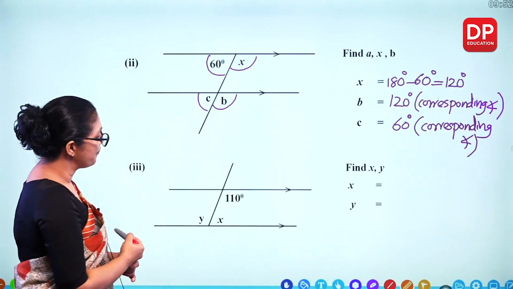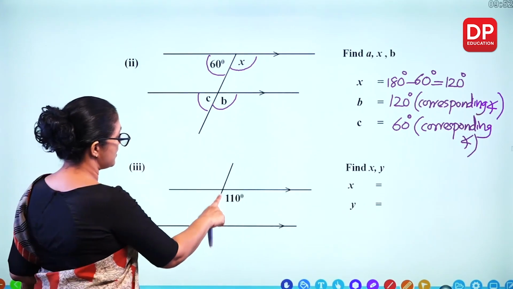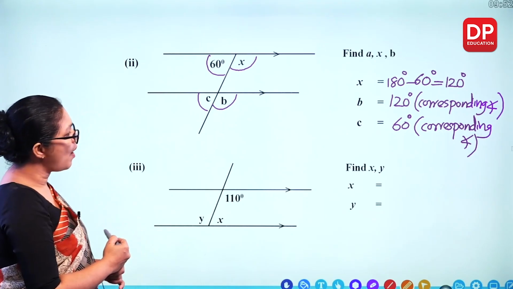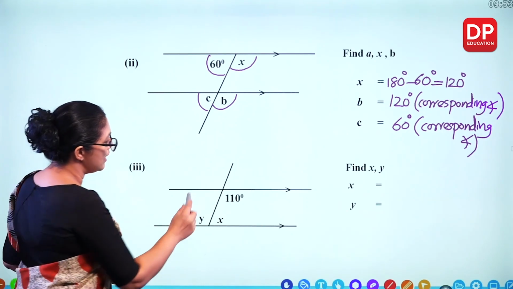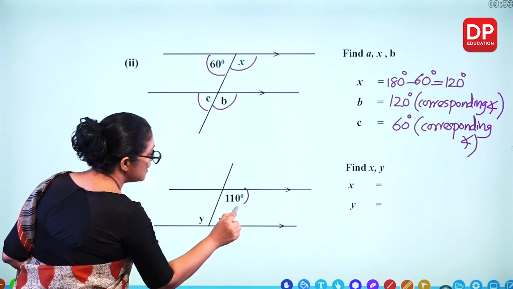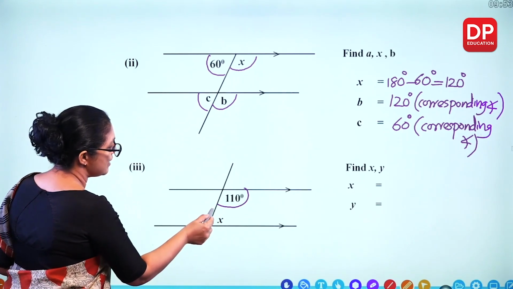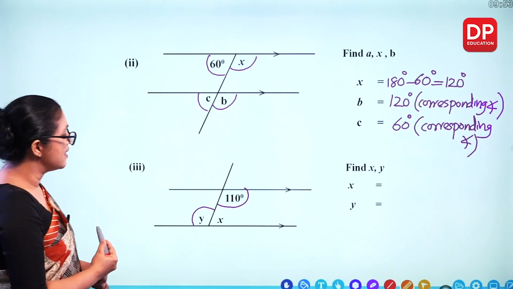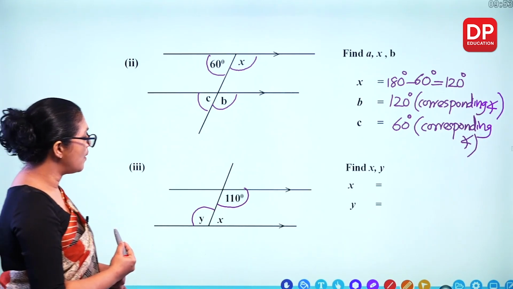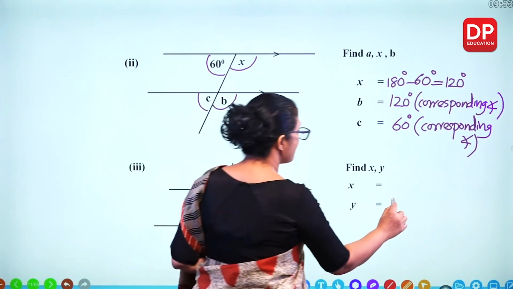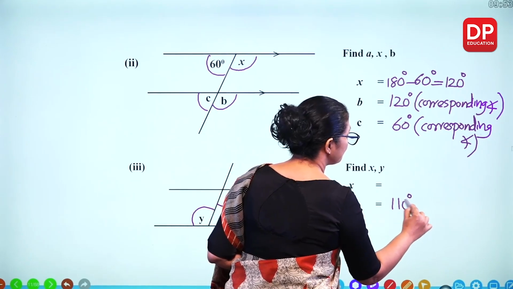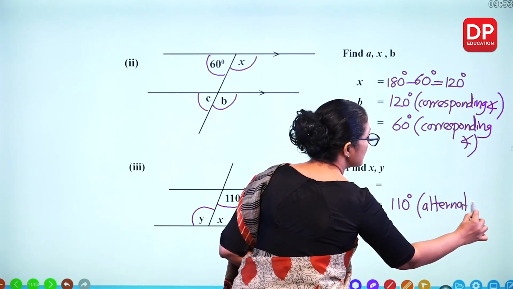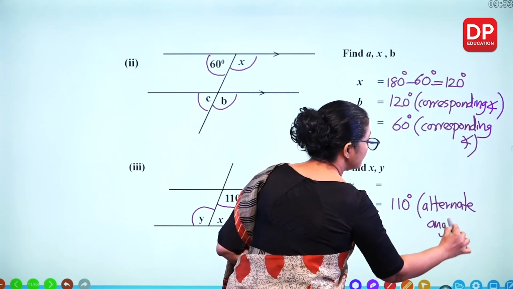Look at this one. So you get two parallel lines and you are asked to find out x and y. Look carefully. So these two are parallel. This and this, Z letter, alternate angles. So alternate angles are equal. Y is 110. Alternate angles.